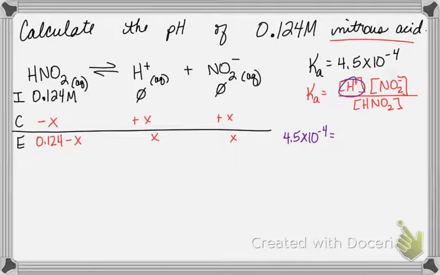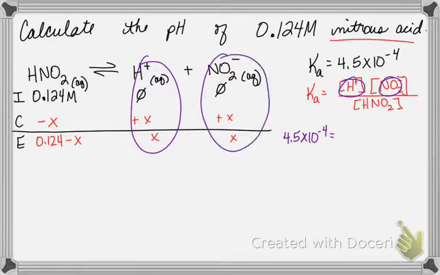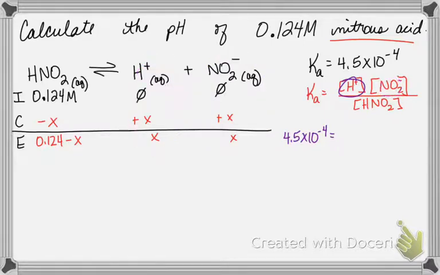Guys, the hydrogen ion concentration at equilibrium is X, and the nitrite ion equilibrium concentration is X. So instead of breaking it down and saying X times X, I'm going to just write X squared. And on the bottom, I'm going to write 0.124 minus X.